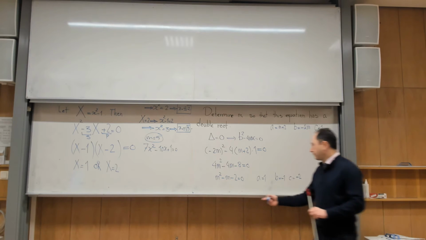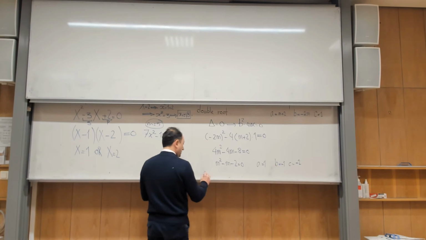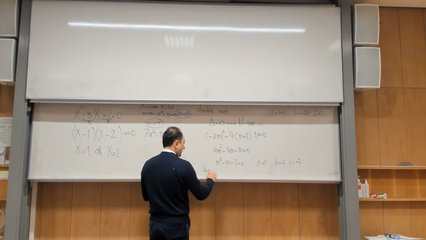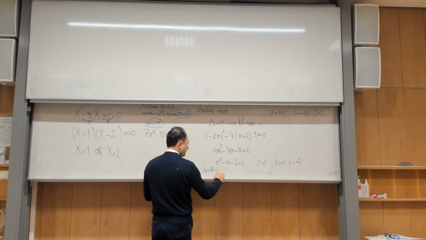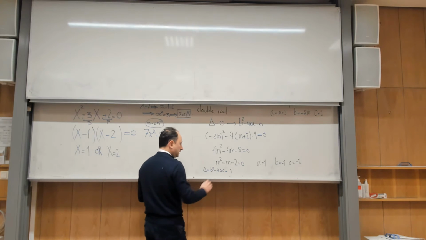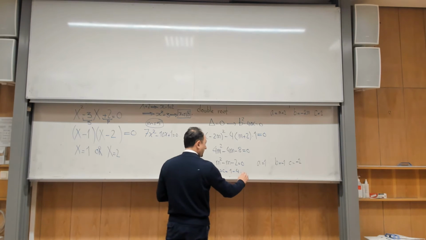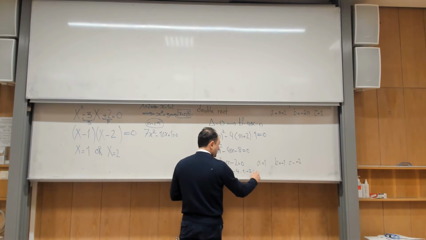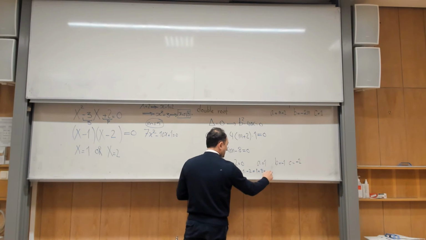I have to write delta again because I want to see if it is positive or negative. So I write the b squared minus 4ac formula again: b squared is 1, minus 4 times a times c, so this becomes 8. It becomes 1 plus 8, which is 9, and 9 is positive.